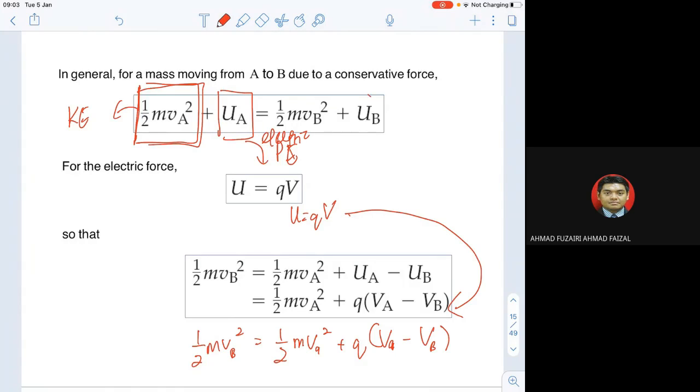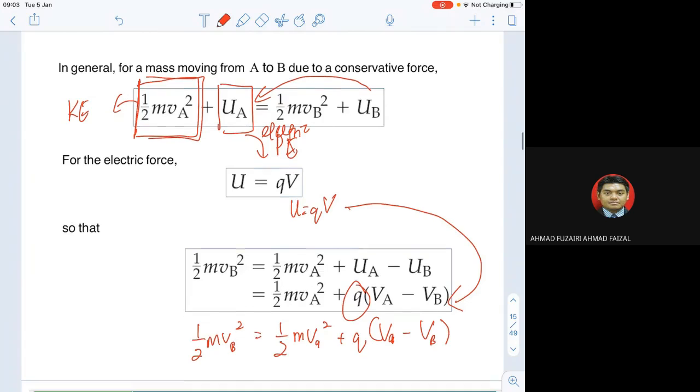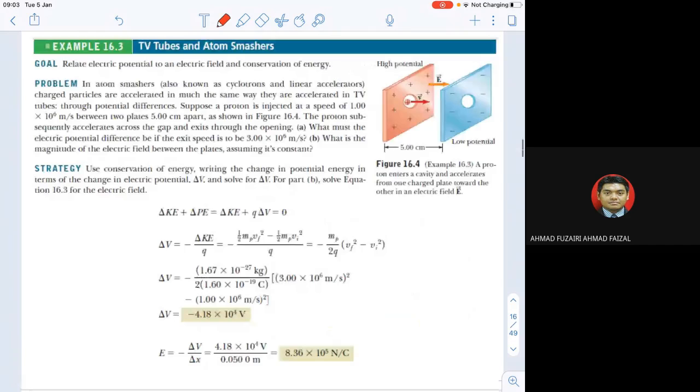We bring the U_B to the left side, so U_A minus U_B can easily be factorized, because q is the same magnitude. The difference is just the potential at point A and the potential at point B, like the one in the example here.